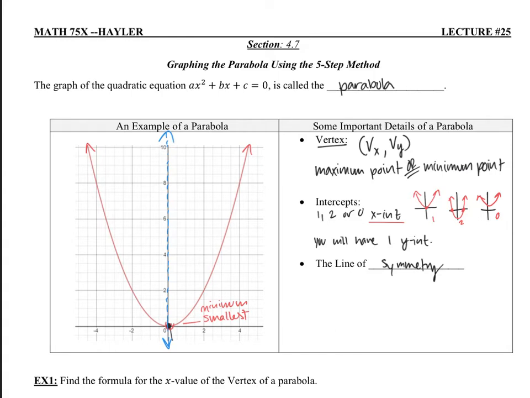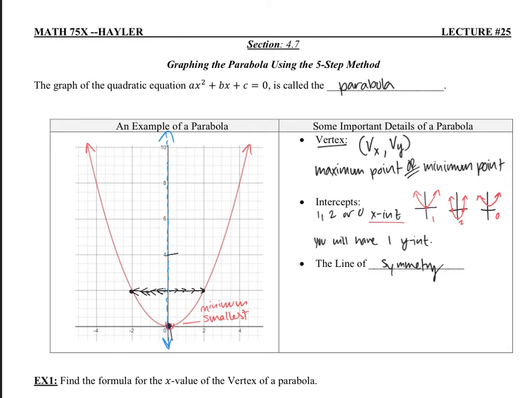So, for example, if I knew a point that existed 1, 2, 3, 4 spaces away, I know, because parabolas are symmetric, there must exist another point directly 4 units to the opposite side of the line of symmetry.